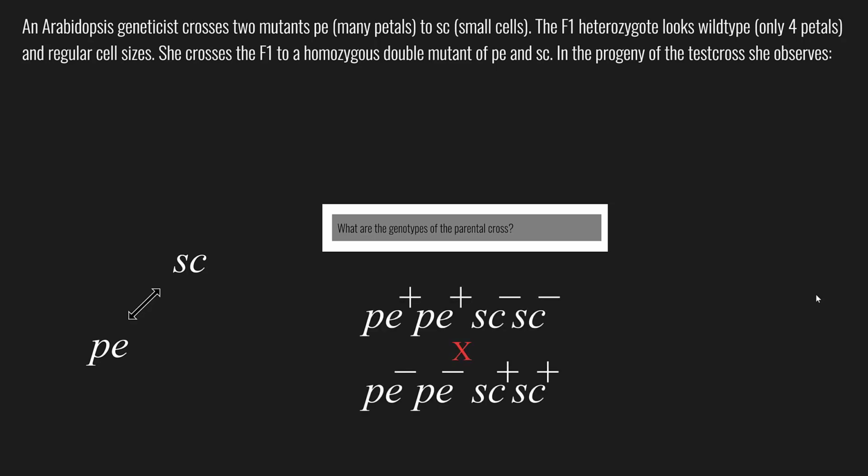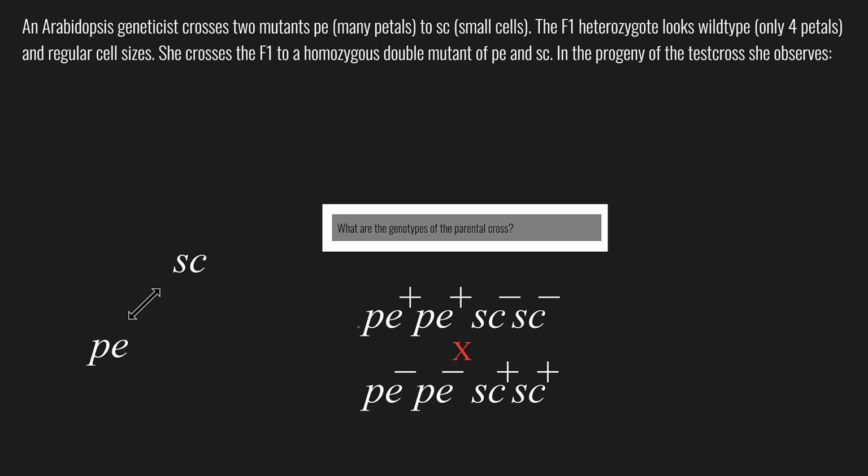So basically, this is how the genotype of our parentals, those for the small cells and those for the many petals, is going to look. At this point, we don't know which one is which, right? But because they are pure breeds, they are homozygous, and they only express one of two traits.